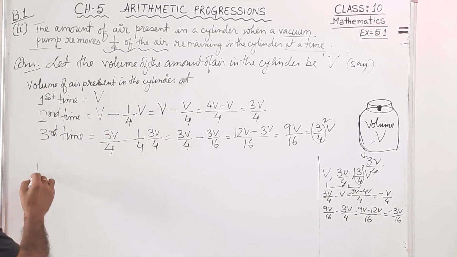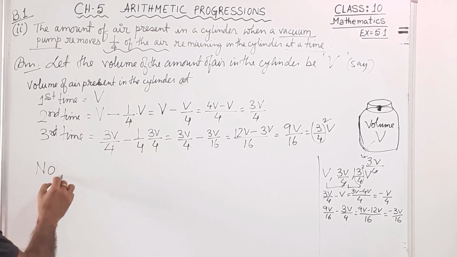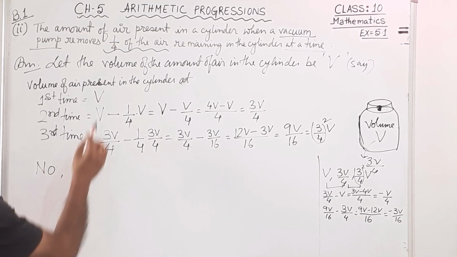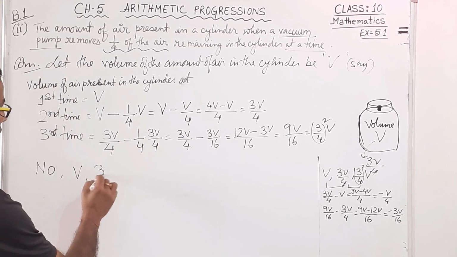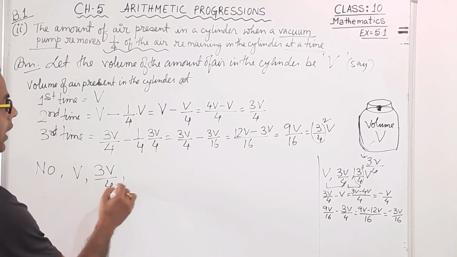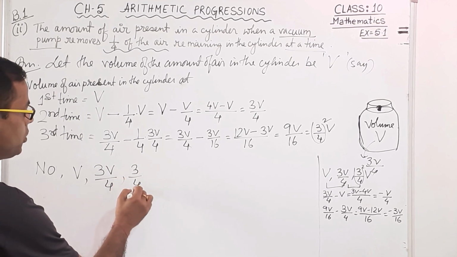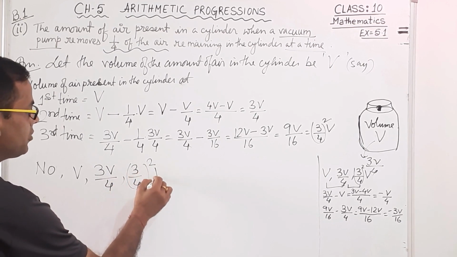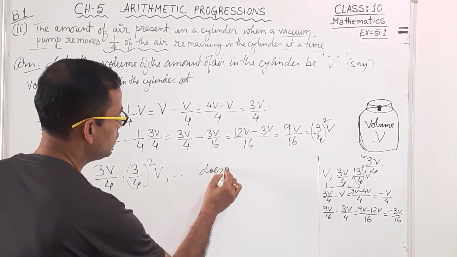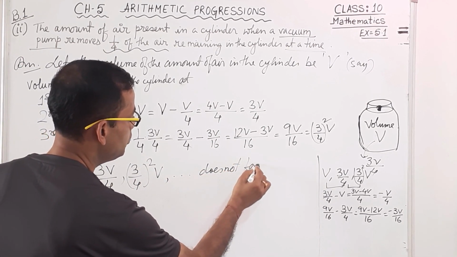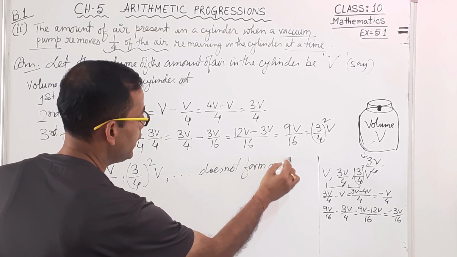So what will I write? No. V, comma, next one is 3V by 4, comma, 3 by 4 square V, comma, dot, dot, dot, does not form an AP.